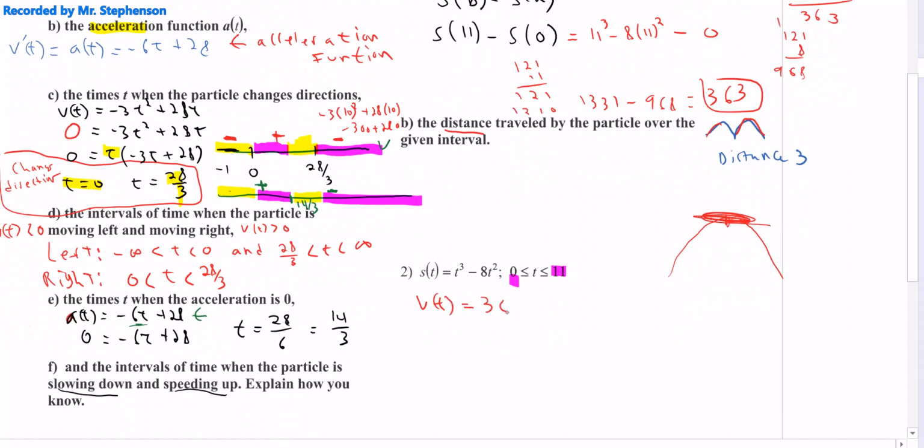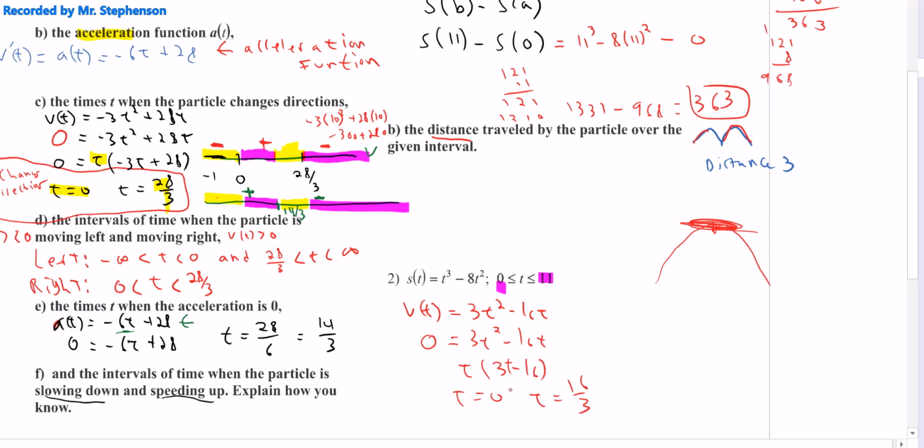So I'm going to find the velocity function and set it equal to 0. And we're going to get 2 solutions here: t equals 0 and t equals 16/3. So the 0 doesn't matter because that's where we started, so you can ignore that.